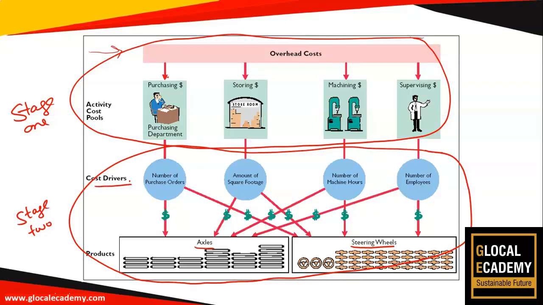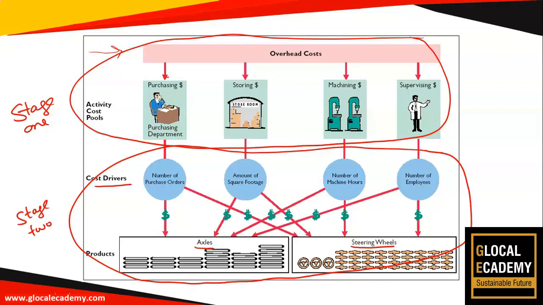For example, the cost from the purchasing activity cost pool is assigned to the 2 products based on the number of purchase orders. So the number of purchase orders is the cost driver here, through which we assign purchasing cost to the 2 products. Likewise, the storing cost pool can be assigned to the 2 products on the basis of square footage, which is the relevant cost driver for assigning storage cost.